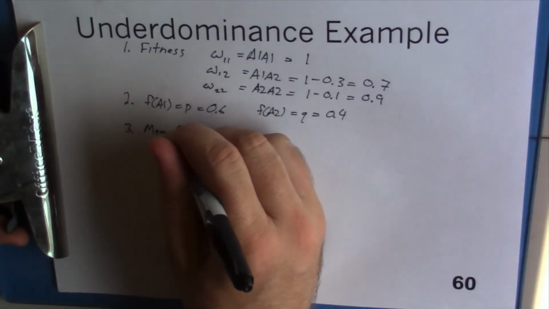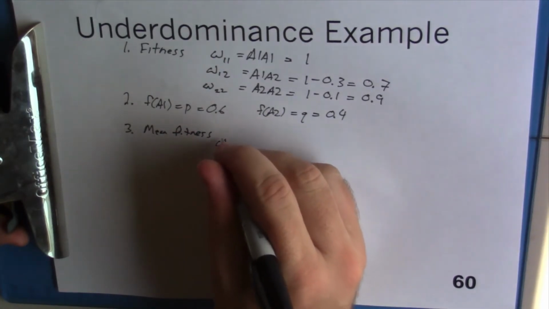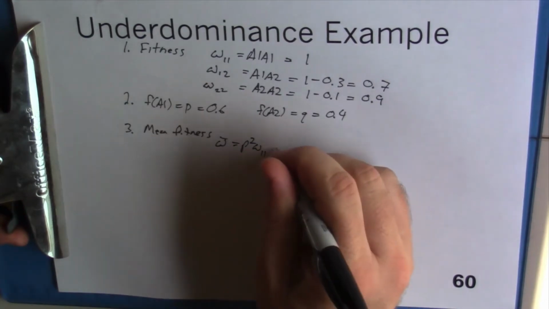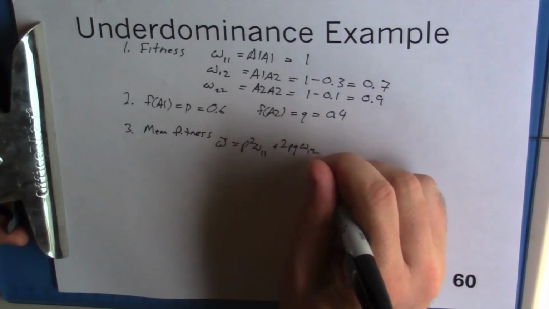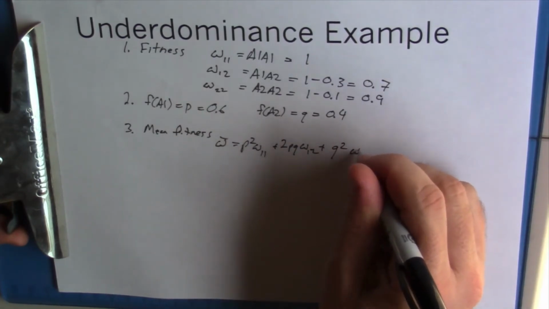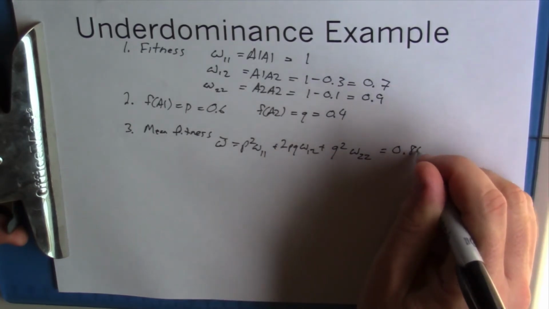Calculate the mean fitness as omega equals p squared omega 1 plus 2pq omega 1 plus q squared omega 2, which is equal to 0.84.